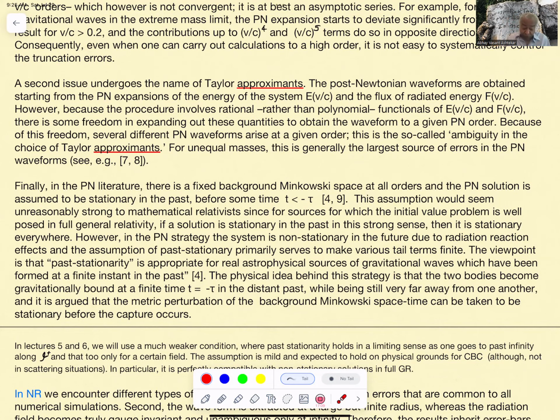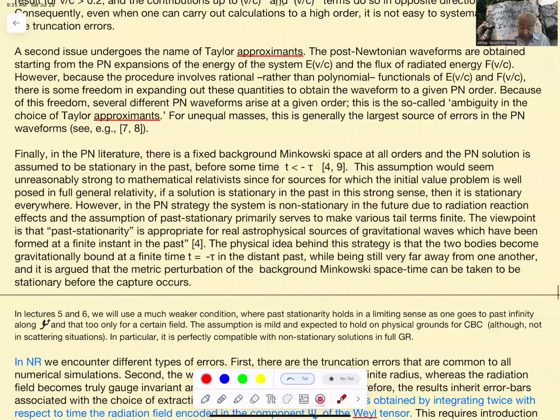And finally, in the post-Newtonian literature, there's a fixed background Minkowski space to all orders, and the post-Newtonian solution is assumed to be stationary, absolutely stationary in the distant past, before a time t less than minus tau, where tau is some given time early on.